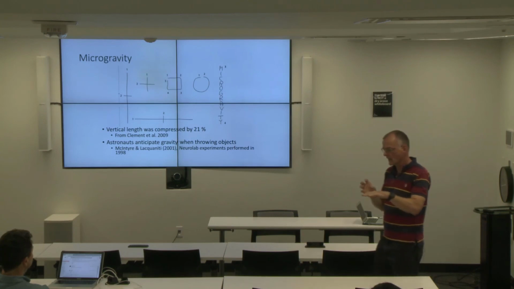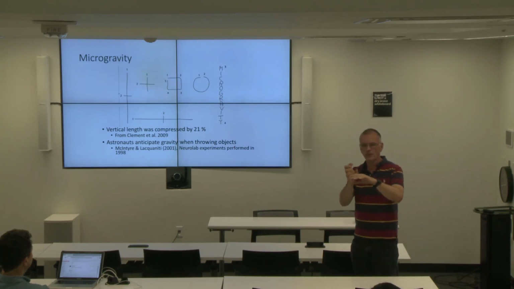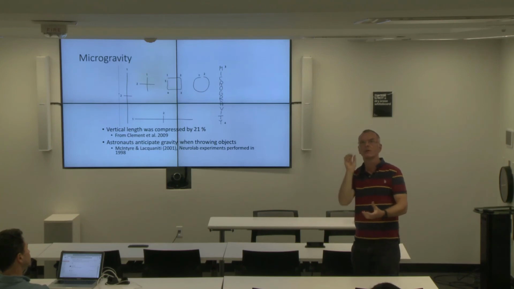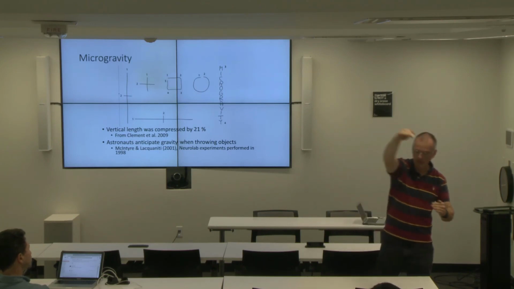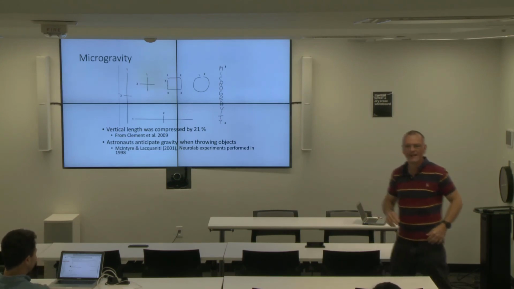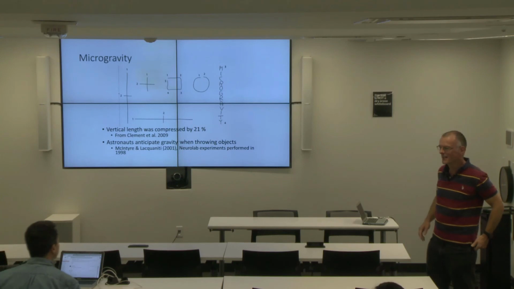Also, what they did is they had people throw an object. So take a ball, right? If I throw a ball at you and I want you to catch it, well, I factor in gravity, so I throw it there, so it takes a parabola and you can catch it. Well, what do they do in 0G? They throw it there and oops, it goes off. It goes off to the ceiling.